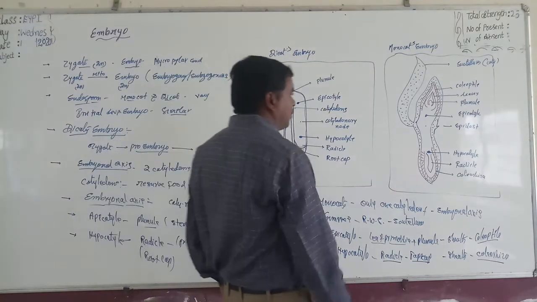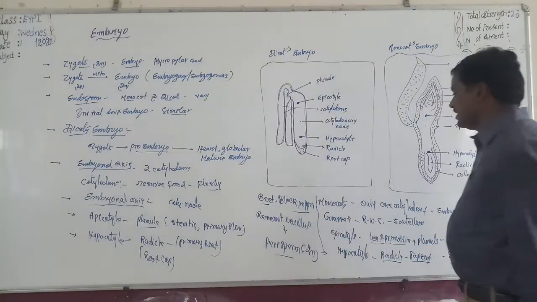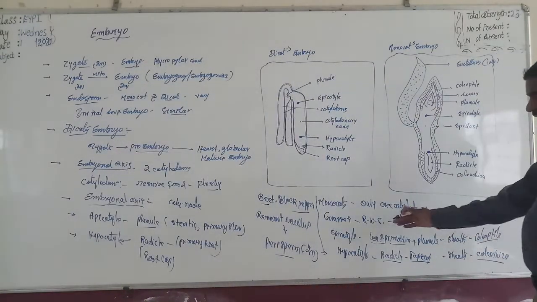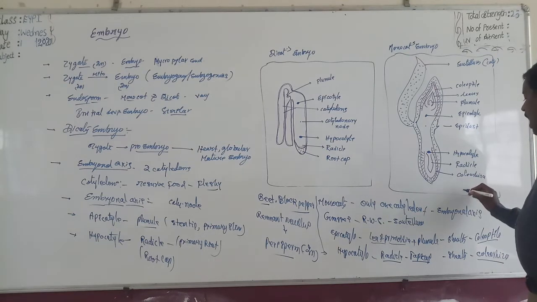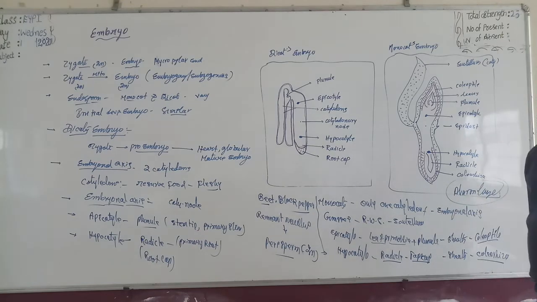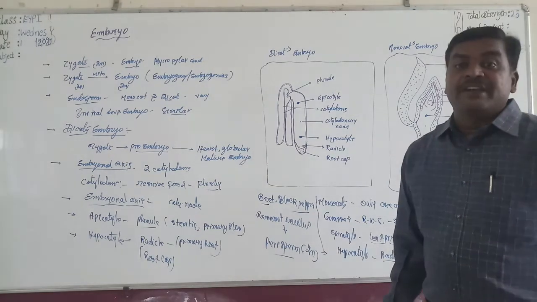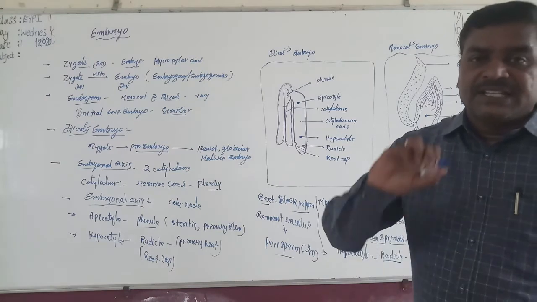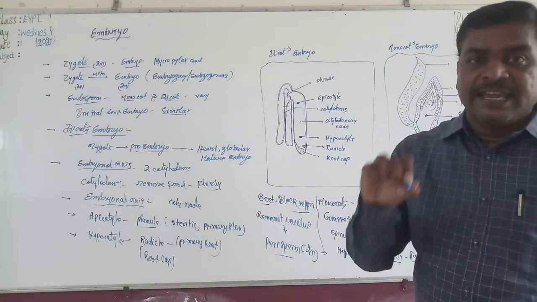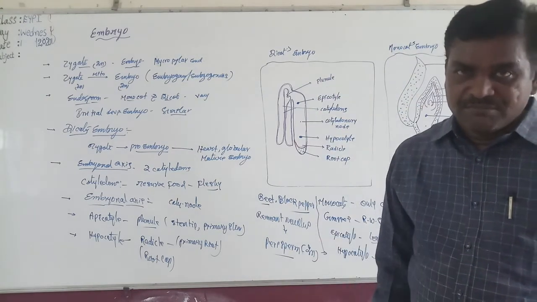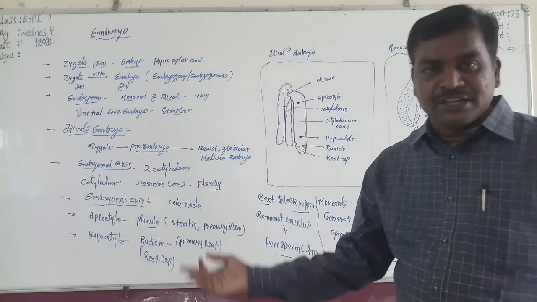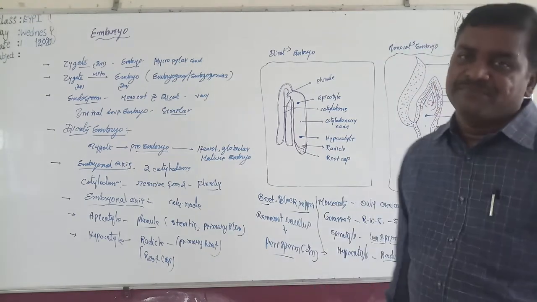Similarly, in the case of monocotyledonous plants, in monocot seeds like grasses, the aleurone layer is also there. What is the aleurone layer? It is the external covering layer of the endosperm that separates the endosperm from the embryo. Very, very important.